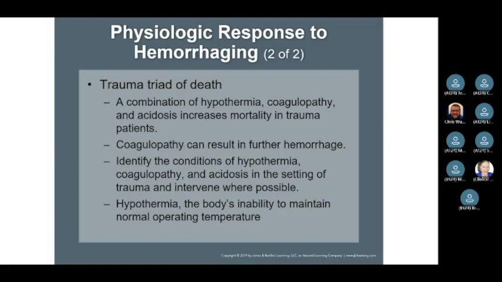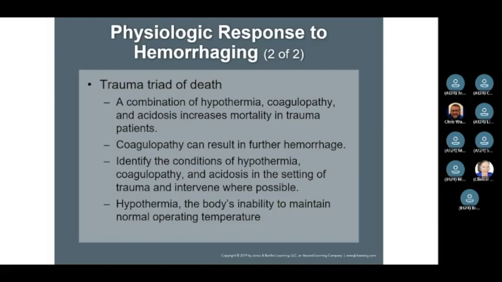All in simple terms, guys, keep your patients warm, keep the bleeding under control, and if you can do those two things, the other things will follow. There's not much you can do for the acidosis initially other than keeping them warm and doing what you need to do to stop the bleeding. The acidosis is another topic for later. Just work on their breathing, put an end title on your patients.